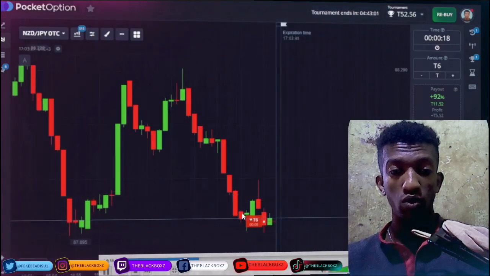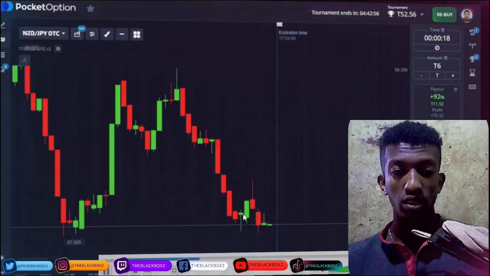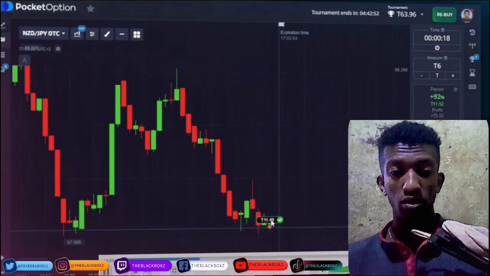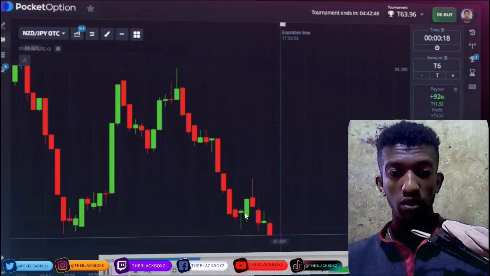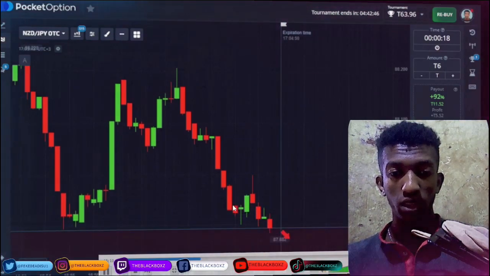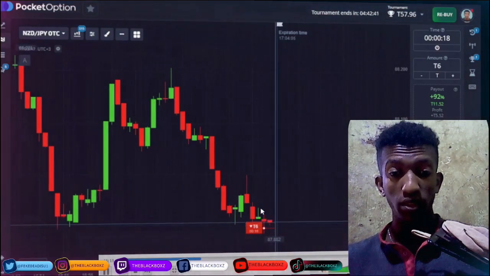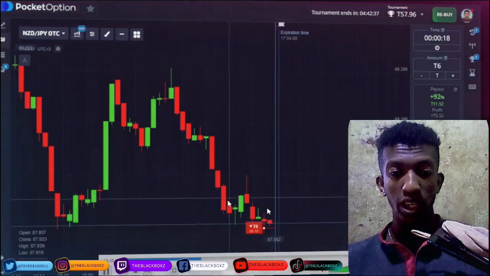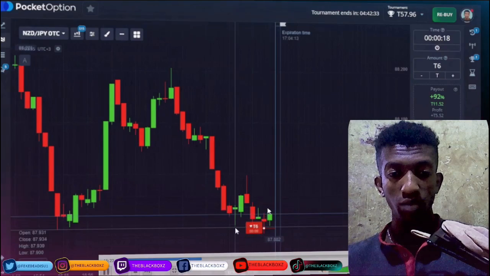So you can see here 1, 2, 3, and this is a black box right there at the center. At the center, as you can see. So when this thing breaks down of this box, we are selling, as you can see. This is acting as a resistance, as you can see right here. This box is acting as a resistance, which means for the price to move up, it needs a big candle, not an animate small candle.